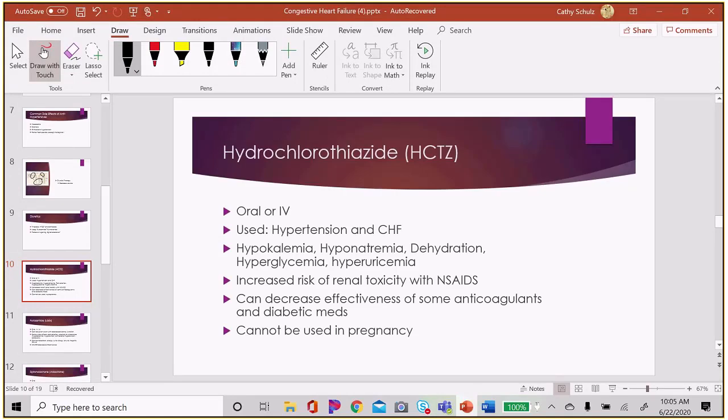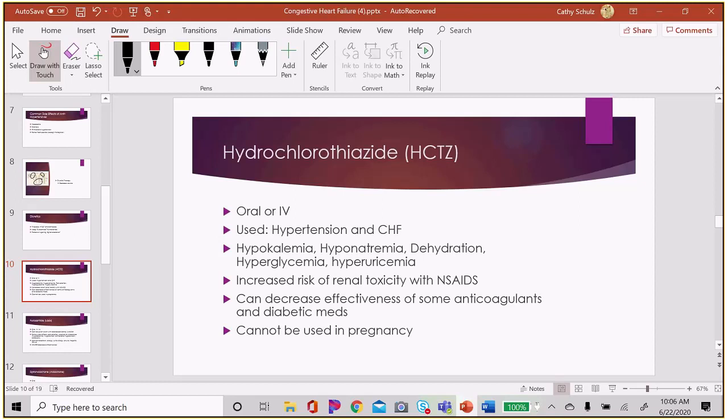So the biggest issue is how hydrochlorothiazide works. In the proximal convoluted tubule, one of the things that happens is you're supposed to reabsorb sodium and potassium and fluid.